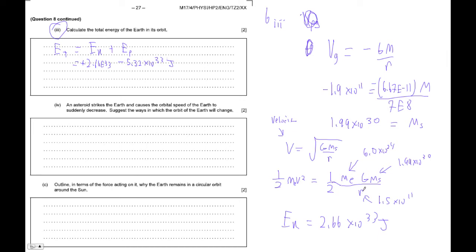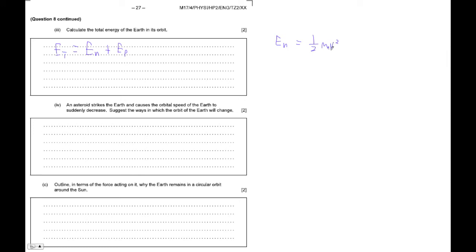The other way to do this, I'm going to erase stuff here, is to do this. Our total energy is kinetic energy plus potential energy. The kinetic energy is 1/2 mv squared. I'm just going to cheat and use the formula in the data packet for this.